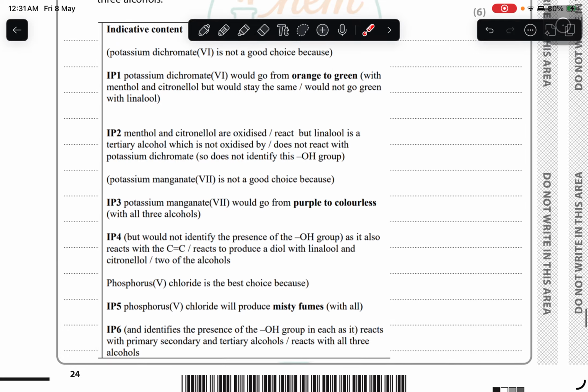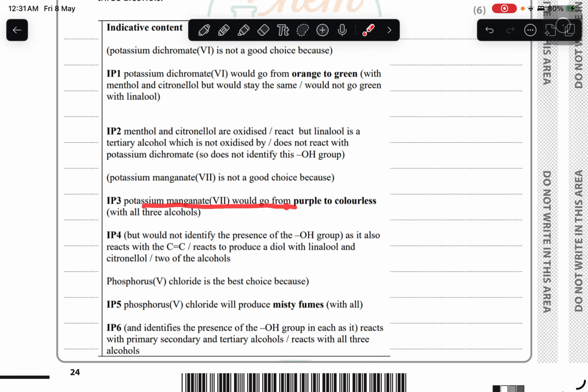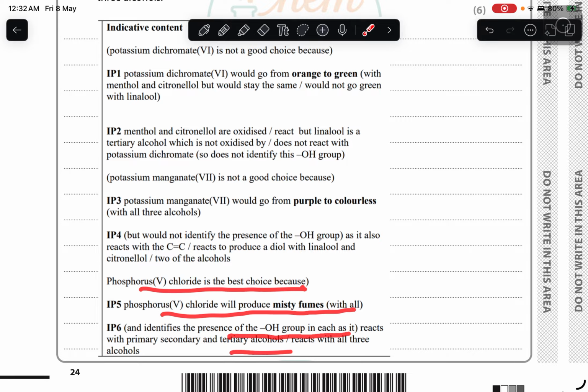Right? So potassium manganate(VII) will go from purple to colorless with all three, but it also reacts with the carbon-carbon double bond. So therefore it's not a good choice. PCl5 is the best choice because PCl5 will produce misty fumes with all, and it identifies OH only. So whether it's primary, secondary or tertiary, PCl5 will react with all of them. Clear? So that's how you write the answer.